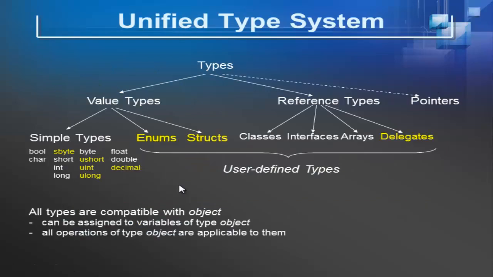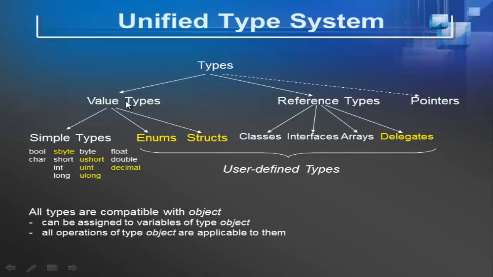Now let's look at the different types that you get in .NET. We have the value types and all your primitive data types that you see, the boolean, the int, the short, and all of them, they all belong to this value type. Apart from that, we can also get two other types. One is the enumeration and the other one is the structure. They also belong to the value type.